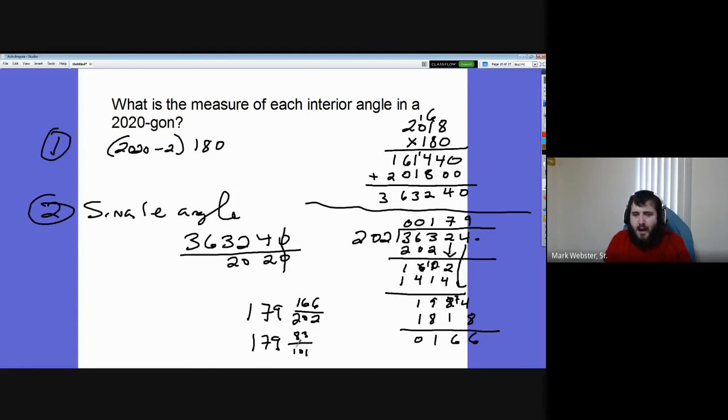So this is about 179.83. About maybe 0.828 if I had to take a guess. But like we can leave it here.